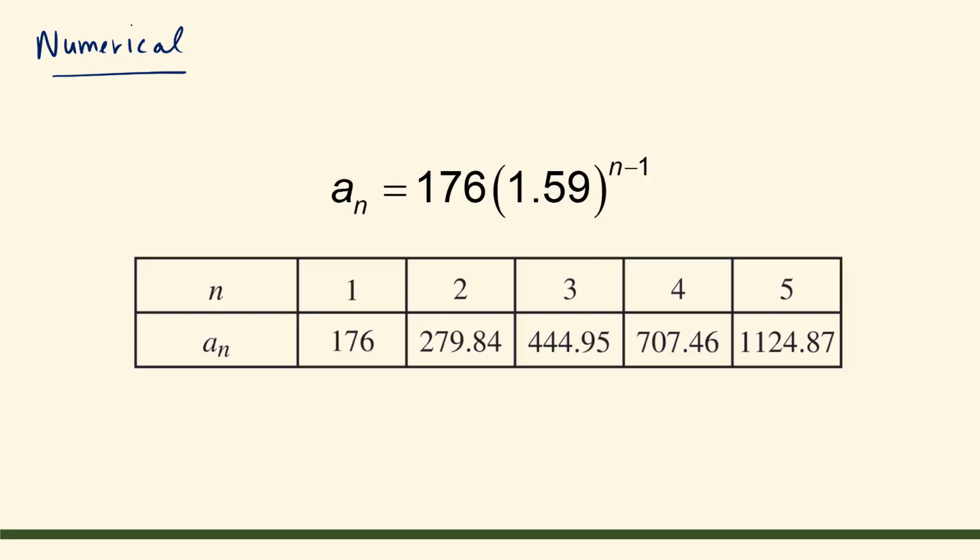Now let's look at a numerical representation of the situation. Using our newly found sequence, we have a sub n equals 176 times 1.59 raised to the n minus 1 power. We could fill in a table which represents the 5 years beginning with the year 2014.